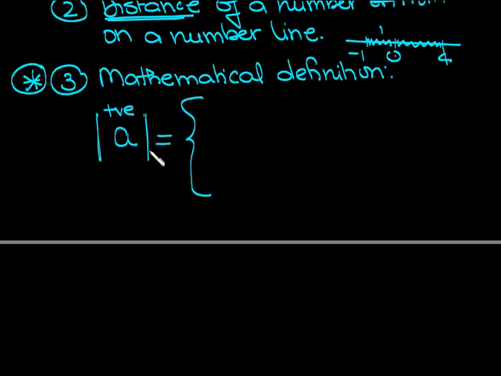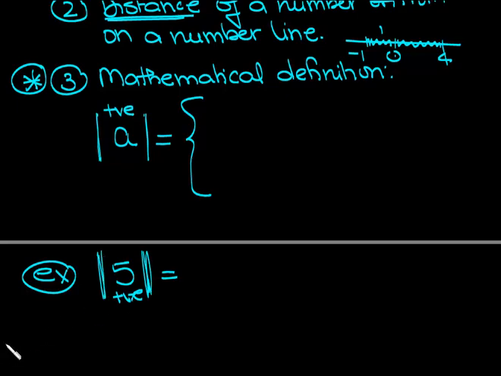We don't even need them. For example, let's say I have absolute value of 5. Well, this number on the inside is a positive number, isn't it? So we don't even need these absolute value symbols anymore because the number is already positive, so we just get 5 back. We can write that without absolute values.